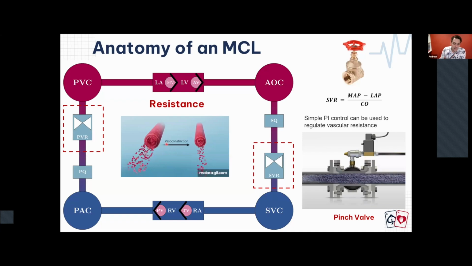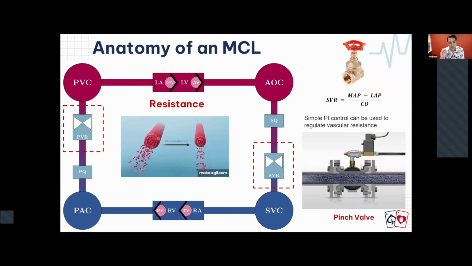So resistance: our vessels can expand and contract based on the needs of the body, based on the blood flow requirements, and based on the amount of oxygenation that the end organs need. As you probably know, when the vessel is dilated, blood flows more easily, there's less resistance.